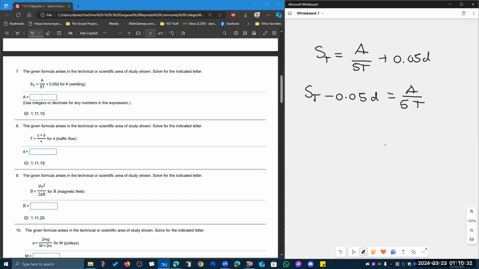And to solve for A, we're going to multiply both sides by 5t. You may want to actually distribute here. 5t S sub t minus 0.25dt is equal to A.